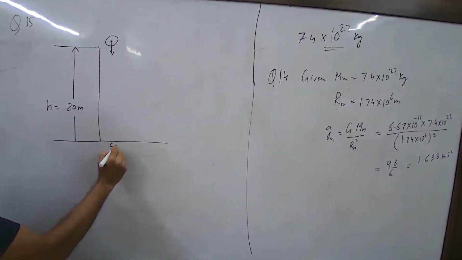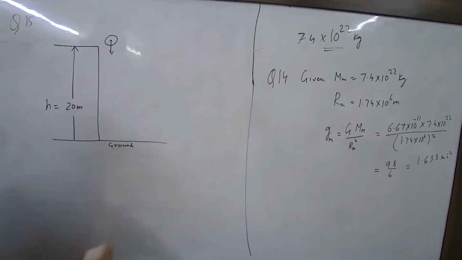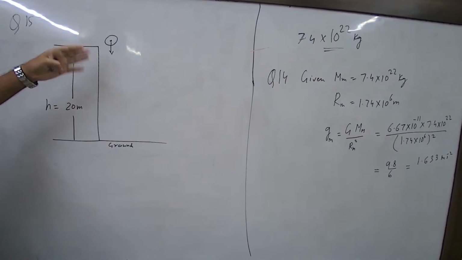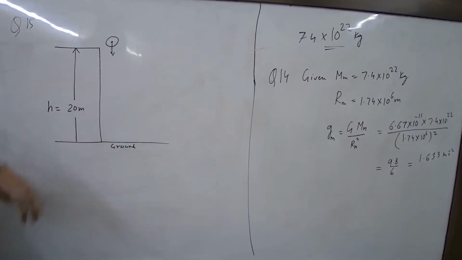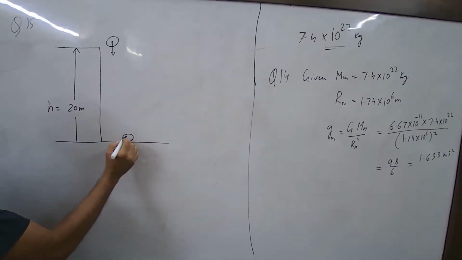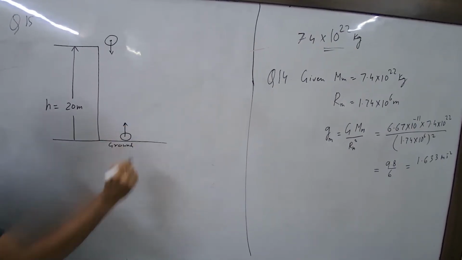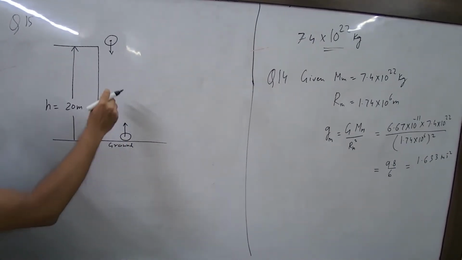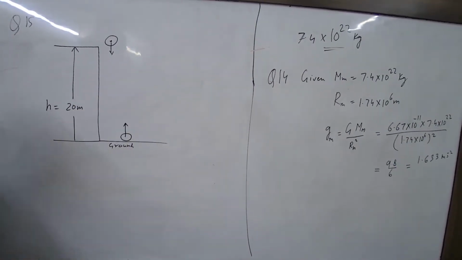This is ground. Now understand the question. When the ball is dropped, at the same moment, a ball is thrown up also. So at some point they will cross each other, right?